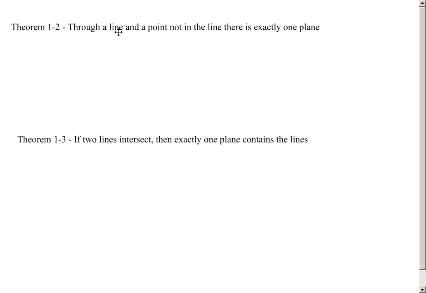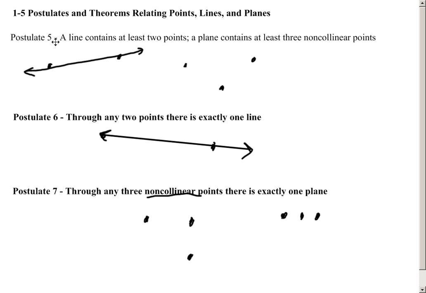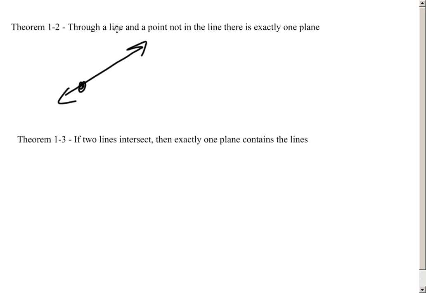Theorem 1.2 says through a line and a point not in that line, there's exactly 1 plane. So if I draw a line like this, now if we looked back, we said a line contains at least 2 points. So by starting with a line, I know I have at least 2 points with that line. And it says, and a point not in that line.